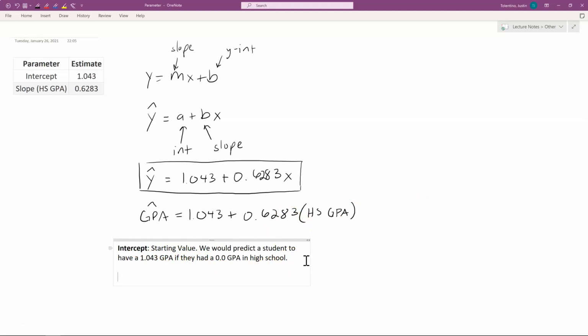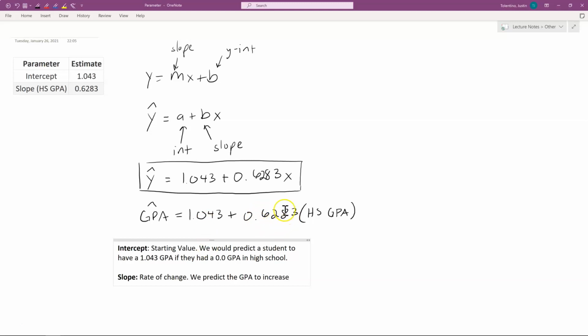On the other hand, what does the slope represent? Well, the slope, remember, represents a rate of change. It's how much we expect our GPA to change every single time we change a unit of our high school GPA, our x variable. So we might interpret this as saying something like, we predict the GPA to increase. Why increase?